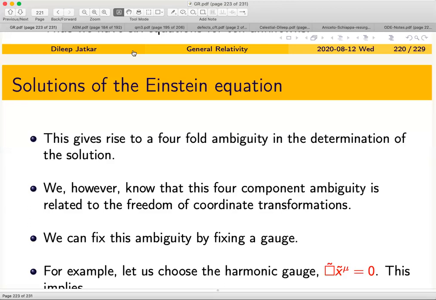Which action? The Einstein-Hilbert action. The del g terms don't vanish unless you demand that they are also zero at the boundary. Exactly, that is what we discussed in the beginning. But you may have variation non-vanishing at the boundary. In that case, you need to add a new term so that the variational principle is well behaved.